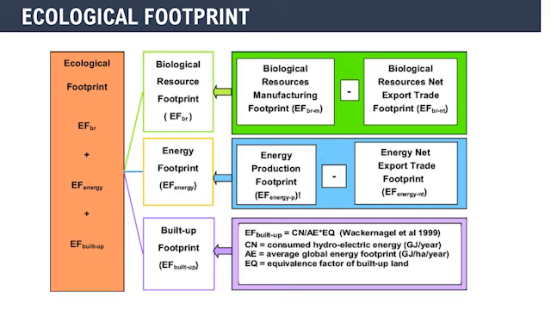This indicator measures the equivalent to the amount of productive land and water needed to produce the resources that society consumes and to assimilate the waste it produces, wherever that land and water are found. So it is a synthetic, easily understandable index that has spread rapidly.